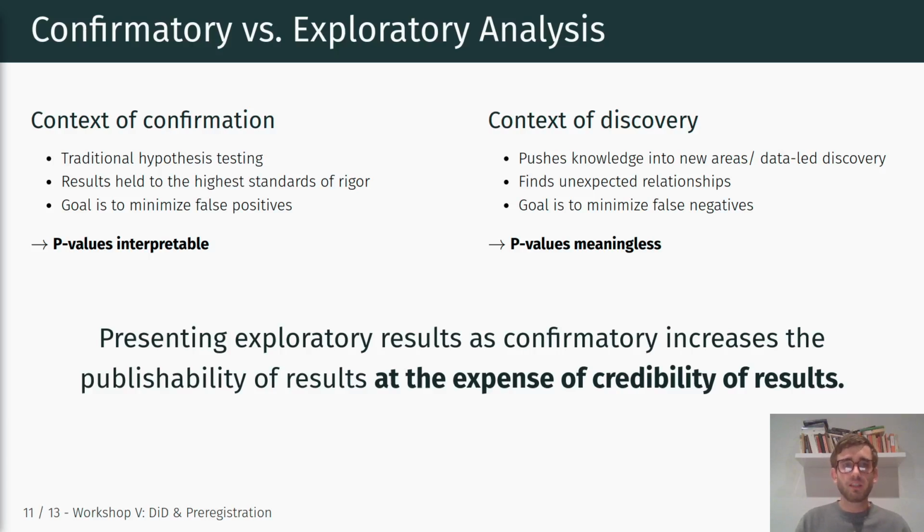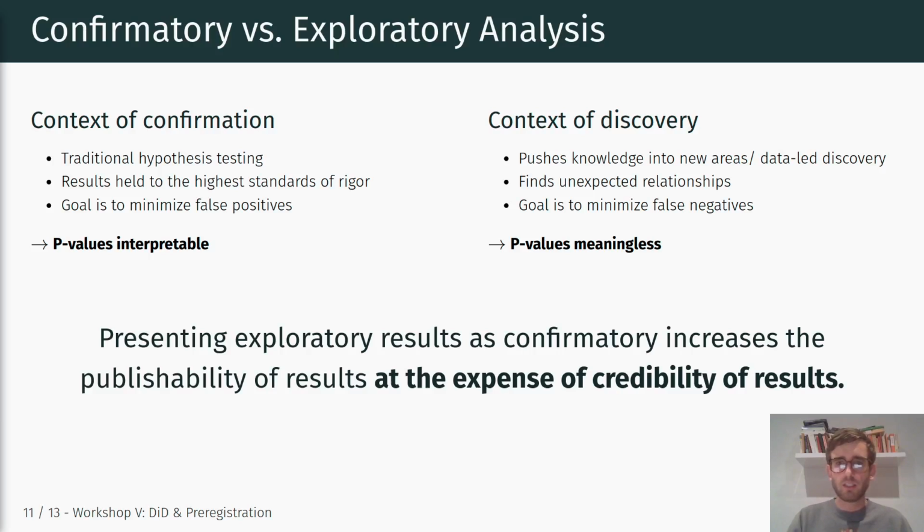So ultimately, we're increasing our chance of false positives, and we're creating research that in and of itself is not reproducible. So in order to prevent that, we need to include pre-registration as a key tool to address this problem and to separate the confirmatory part of hypothesis testing from the exploratory part of discovering new patterns in data.